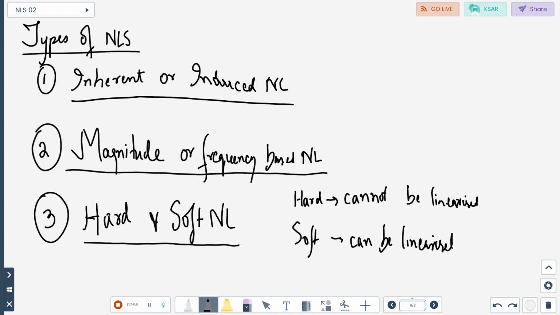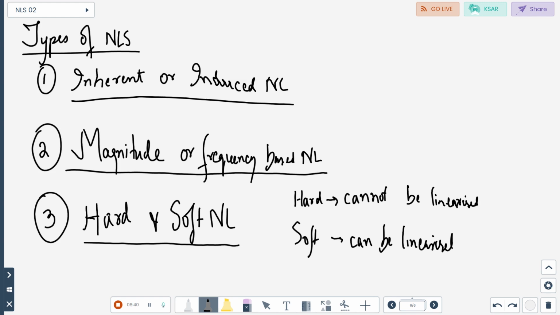And soft nonlinearities, for example, we derived the motion of a simple pendulum in the last lecture. That type of nonlinearity can be linearized, and we'll be seeing how we can linearize such systems, and through that linearization we can analyze and design a controller for a simple pendulum.